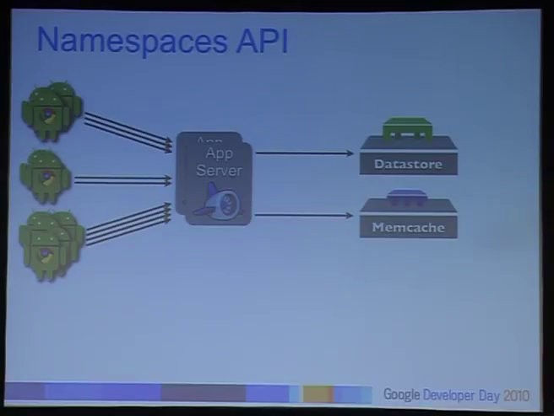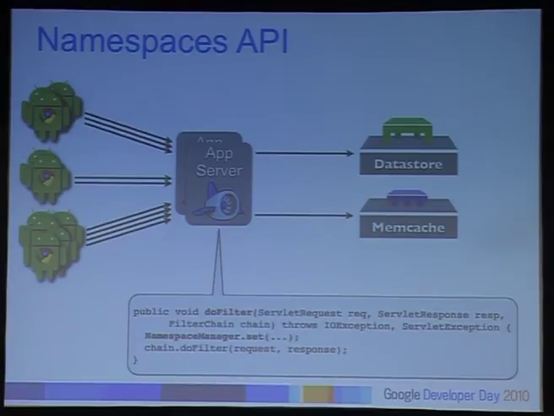So all you have to do is, in Java land, create a filter. And this is a servlet filter. You define it globally for your application. And then in a couple of lines of code, you just say namespace manager.set, and you provide it a name. You get to pick what name it is and how you determine what that name is. You could pick the user's email address and separate the data for every single user. You can pick the user's domain name so that all users on company.com are here and othercompany.com are separated out.